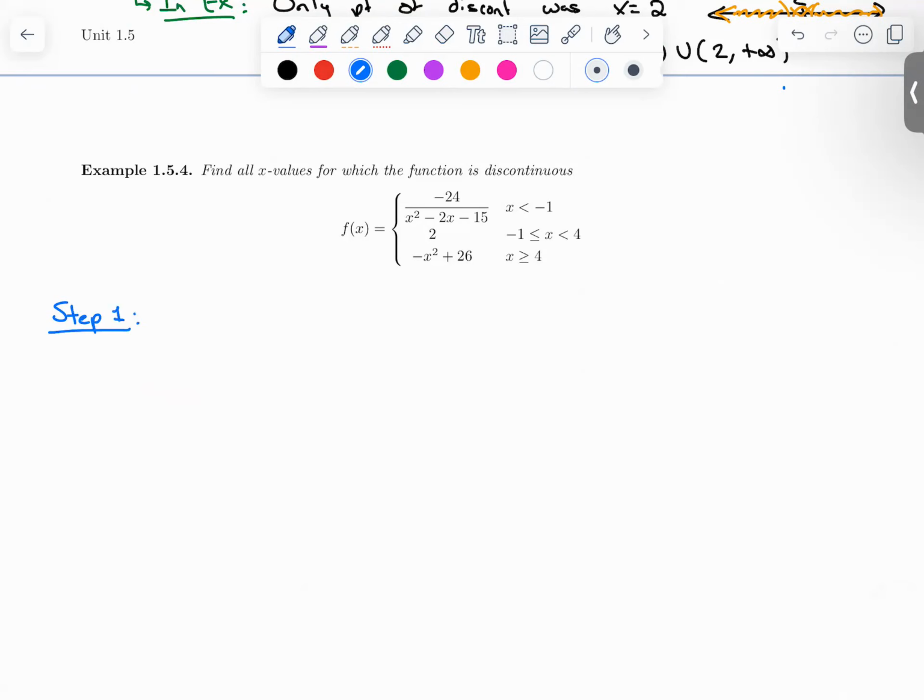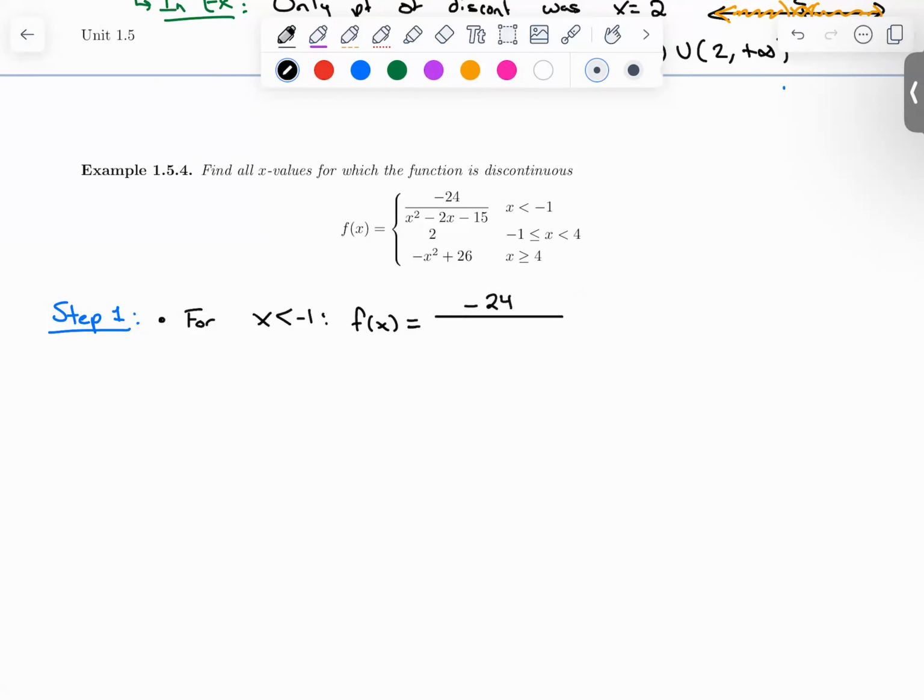Intuition is that we're going to check each piece on its restriction. So for x less than -1, f of x will equal -24 over x squared minus 2x minus 15, and I'm going to factor it right here.